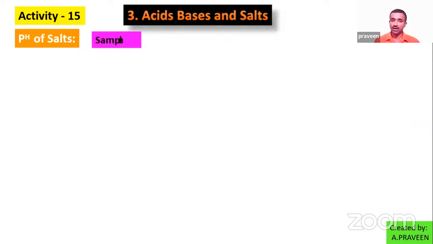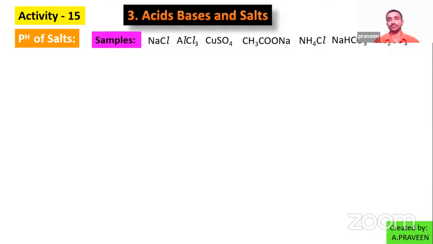Some samples we are collecting from the laboratory: sodium chloride, aluminum chloride, copper sulfate, sodium acetate, ammonium chloride, sodium bicarbonate, sodium carbonate. These are the samples, minimum at least 4 to 5 salts, right? Then find the pH of these salts.